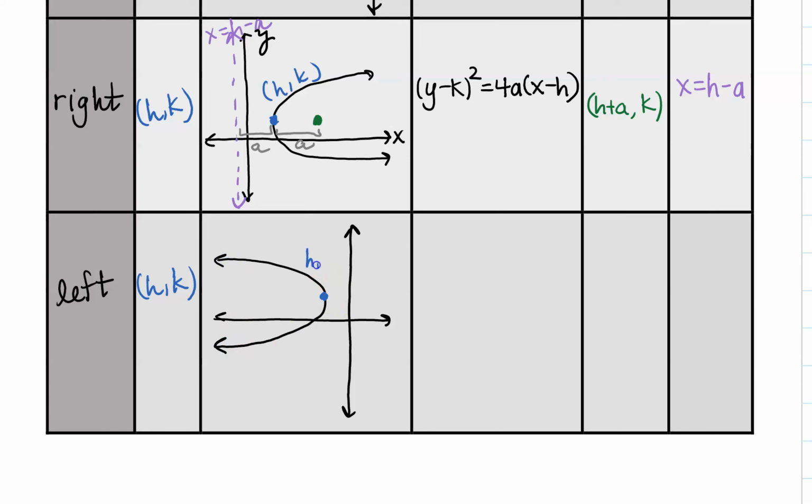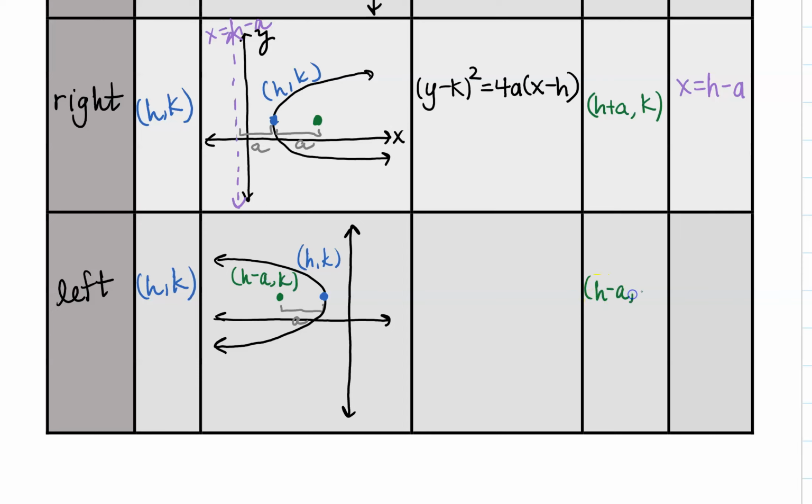The vertex is the point HK. The focus lives on the inside of the parabola, so that must be to the left of the vertex. And the distance between the focus and the vertex is still little a. And so if I moved a units to the left from my vertex, I am now at h minus a, and my y coordinate is still k.